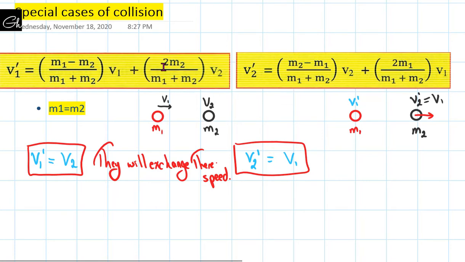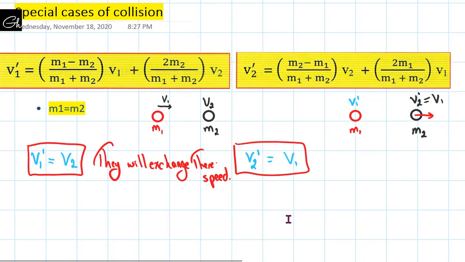So the remaining part will be 2m over 2m, which cancels to 1, and the remaining part will be v1 prime equals v2. Similarly for the second formula, this part will go to 0 and this part will be 1, so the remaining velocity v2 prime equals v1. Then after collision, these two particles will exchange their speeds.